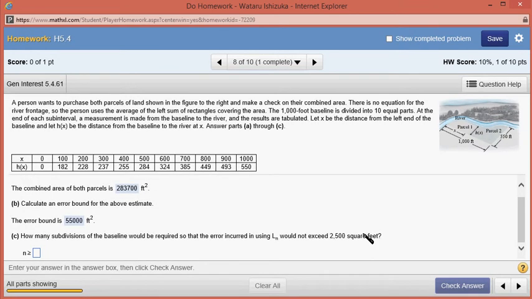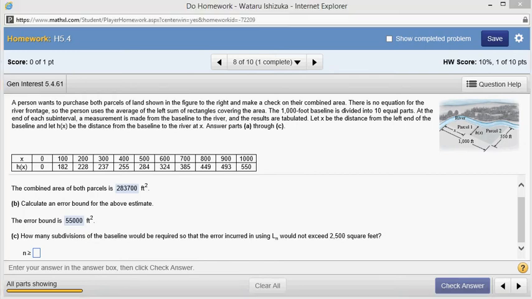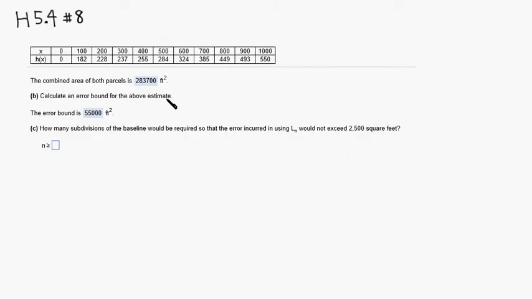Alright, last one. How many subdivisions of the baseline would be required so that the error bound using the left sum would not exceed 2500? So the error bound is, again, between 0 and 550, so 550 minus 0.